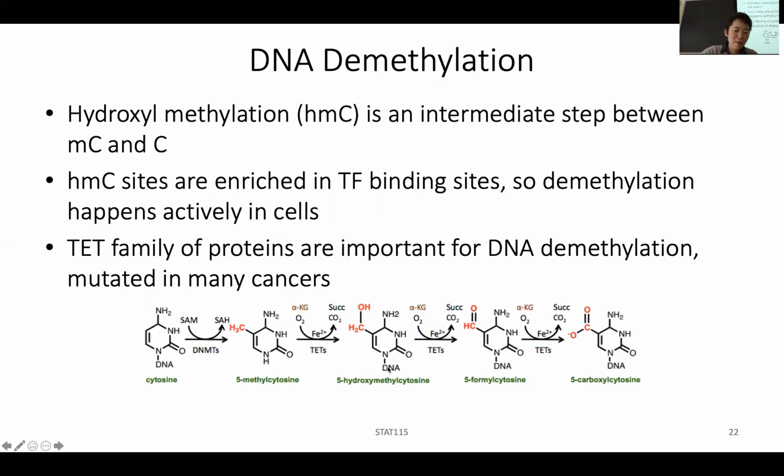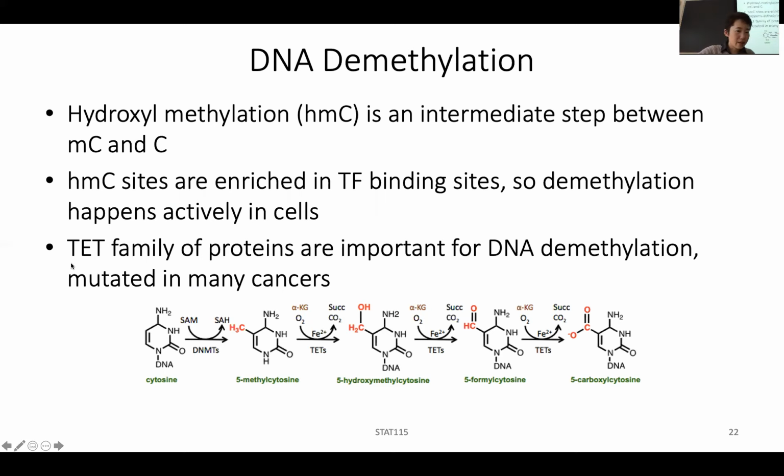And when people map where these hydroxymethyl Cs happen in the genome, they saw that they are really enriched where transcription factors bind. Very often, in order for a transcription factor to bind to a location, that CG needs to be actively unmethylated by the TET enzyme in order for the correct transcription factor to bind to these locations.